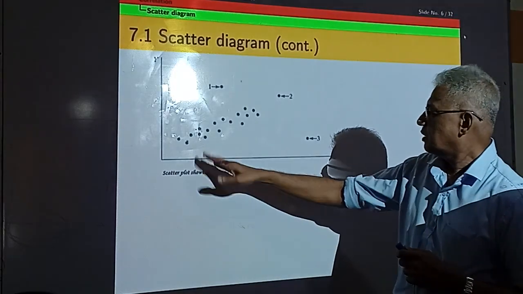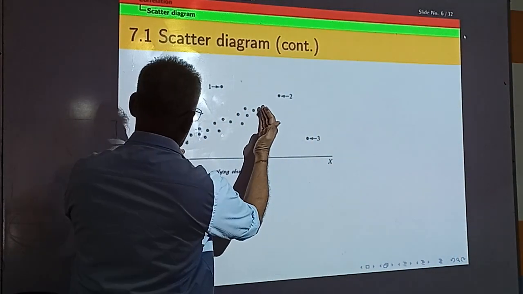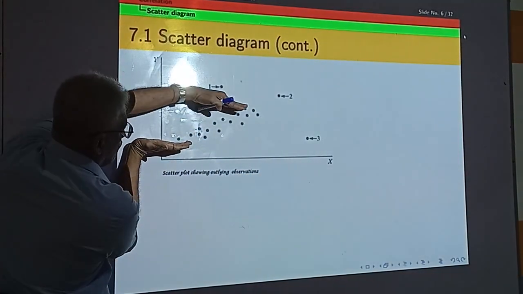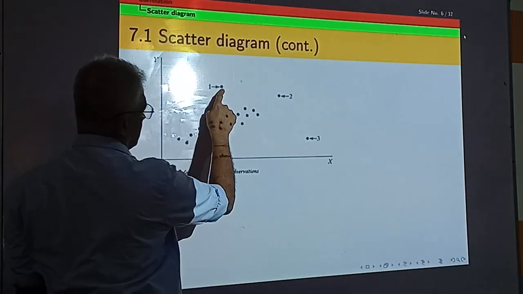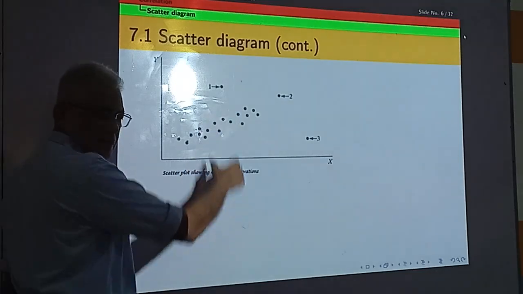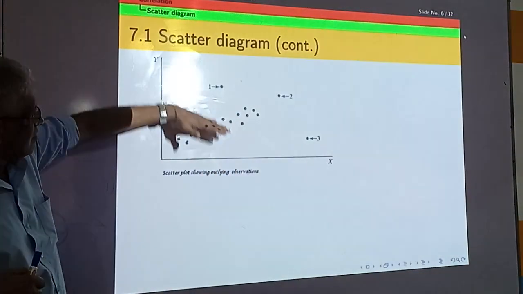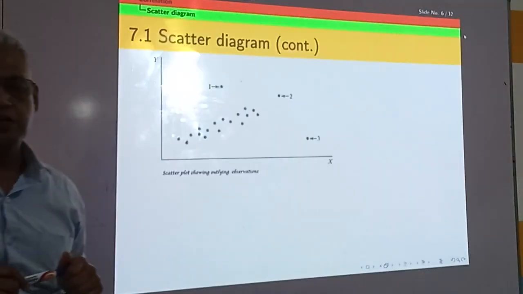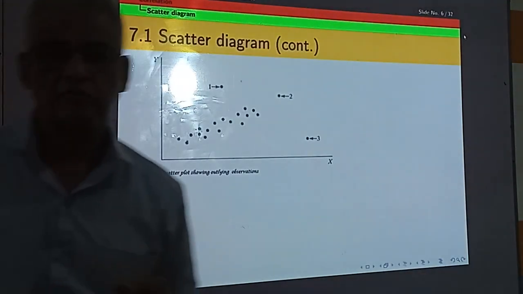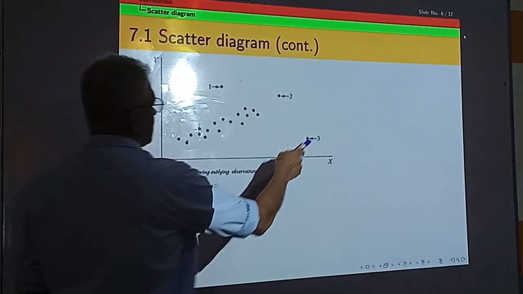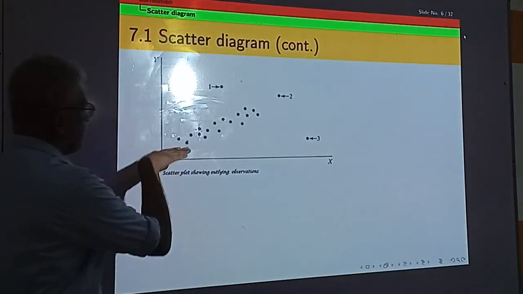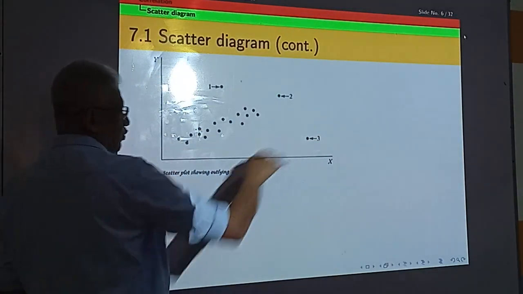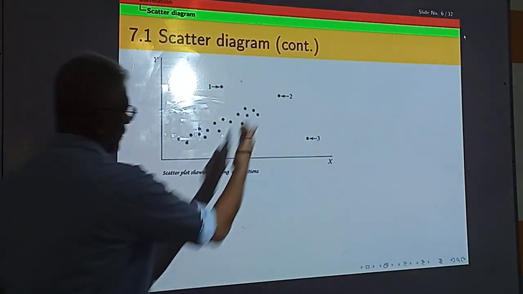For example, in this picture, the bulk of the data are between these two x values. Bulk of the y values are between these two y values. If you consider this observation, the x value is in the normal range, but the y value is quite different from the bulk of the y values. So we can say it's outlying with respect to y value. If you consider this one, maybe it's in the same level as some of these observations, so the y value is not that much outlying, but the x value is outlying here.